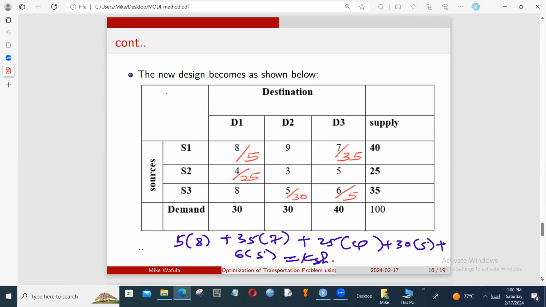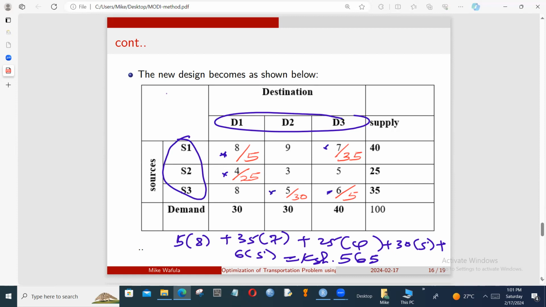Yes, so that means you can spend 565 to transport all the goods from the 3 sources to the 3 destinations, meeting their demands with the 565 if you do this kind of allocation that we have.